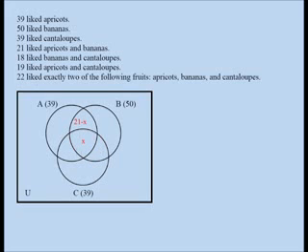So 18 should be the sum of this football region. So this should be 18 minus x. And 19 students liked apricots and cantaloupes, and we just said these two areas in the football, this and this, should add up to 19, and that tells me this should be 19 minus x. Now, I'm getting there.